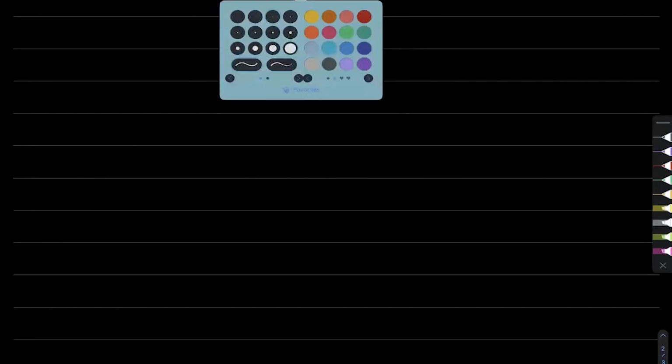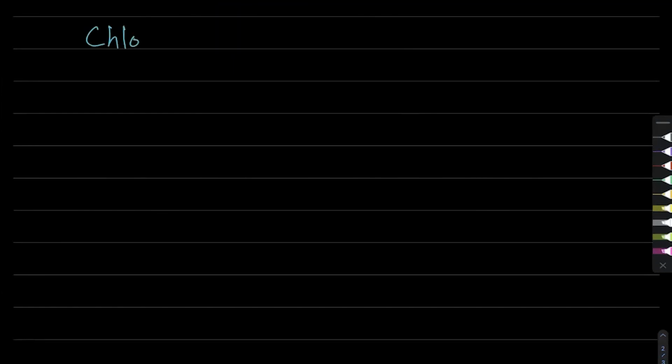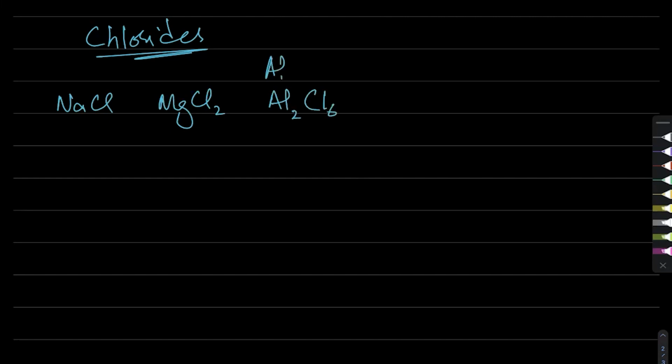Now we talk about chlorides. And chloride, if you understand chloride, you understand other ones like halides and all that. So chlorides of period 3. So here's the thing: sodium through chlorine, we get sodium chloride, magnesium chloride, aluminium chloride goes in this form.